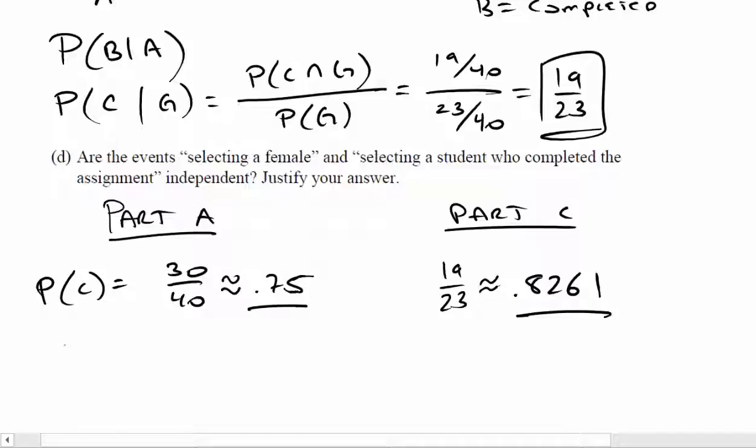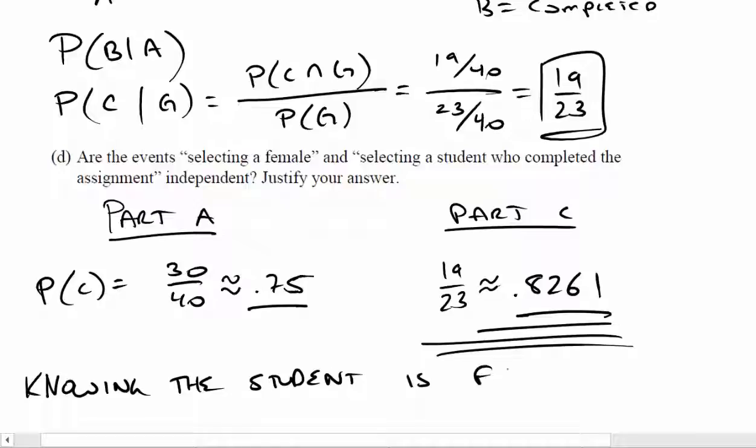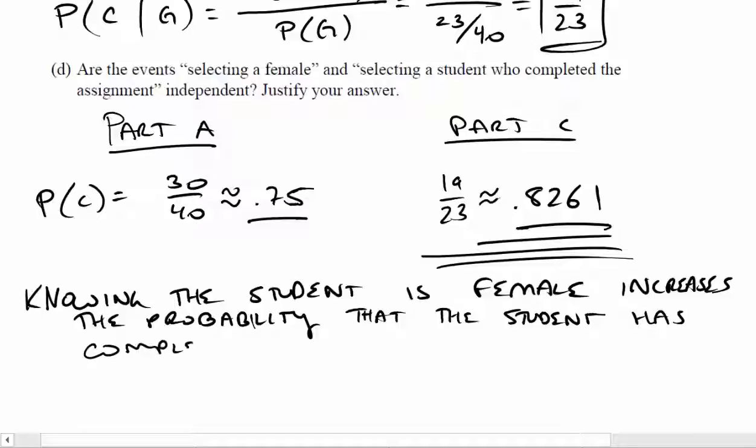So therefore, since this answer is greater, and that was the conditional probability, the one that we knew since we're picking a girl, this lets us know that knowing the student is female increases the probability that the student has completed the assignment.